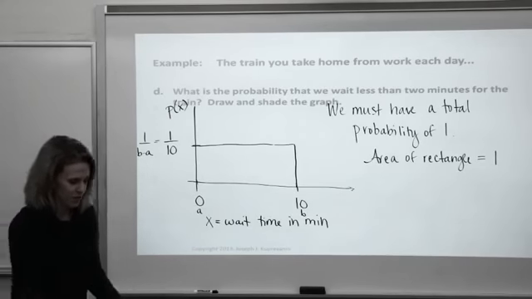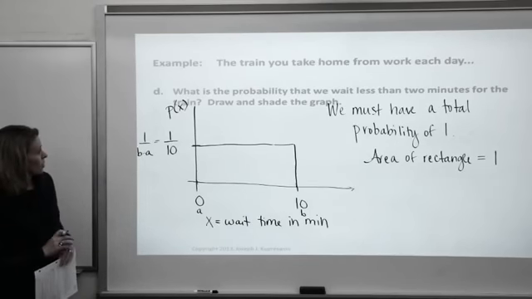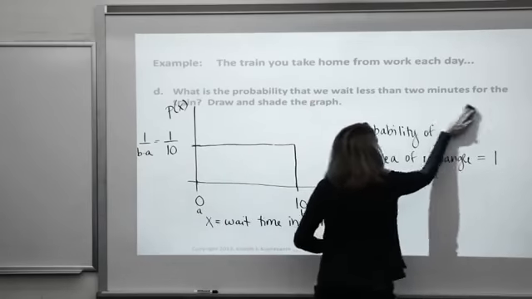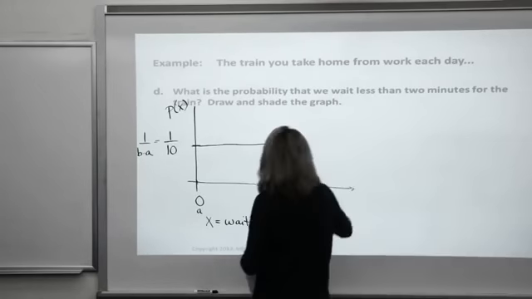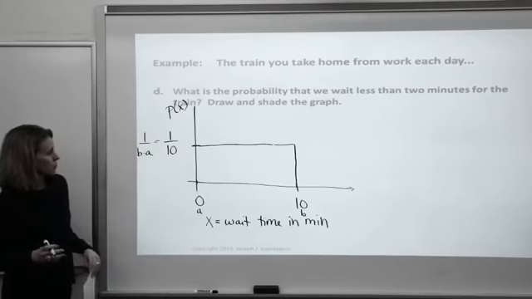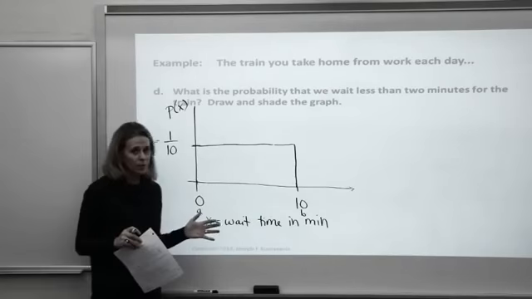All right, 2 minutes. So what's the probability that we wait less than 2 minutes for a train? I can almost keep a lot of this up here. Draw and shade the graph. So here's my probability distribution. I want to wait less than 2 minutes. Now be careful.